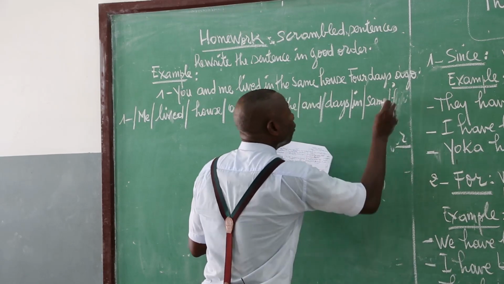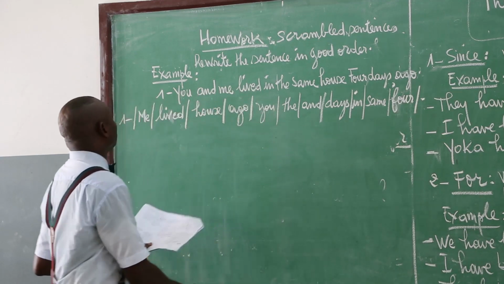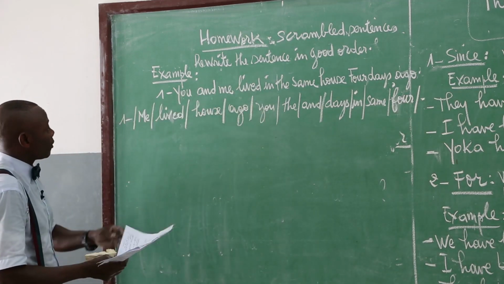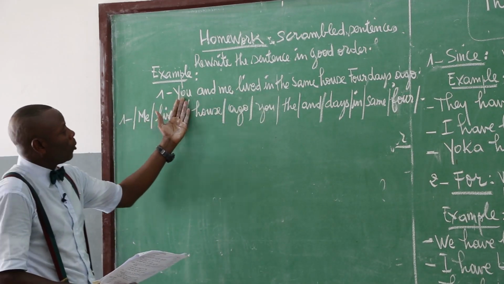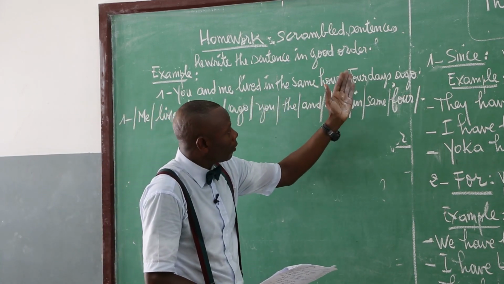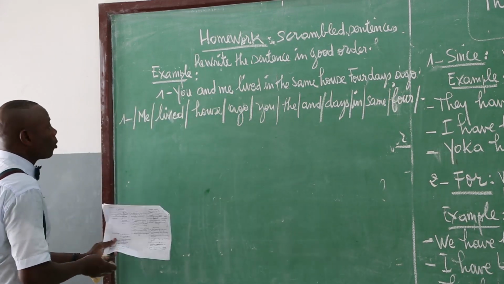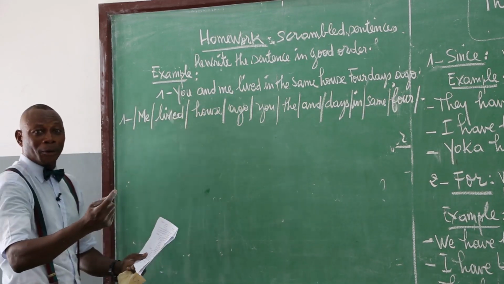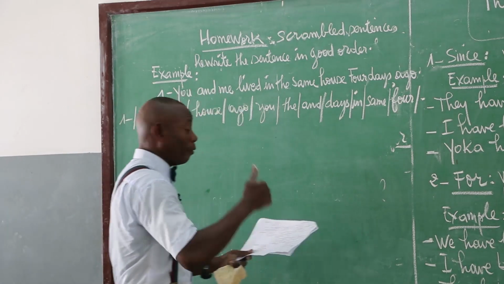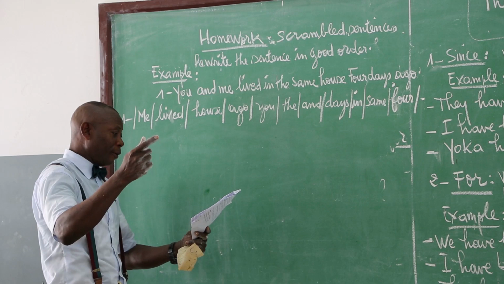Four. Yes, like this. And the answer to sentence number 1 is, you and me lived in the same house 4 days ago. Number 2. So here it is done. You are going to think about the second, the third, the fourth, the fifth, and the sixth.